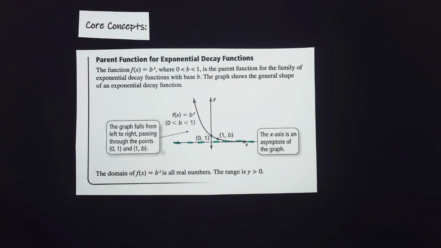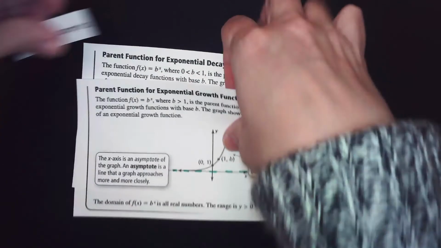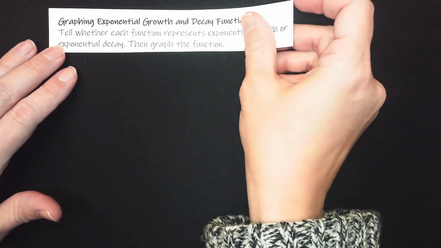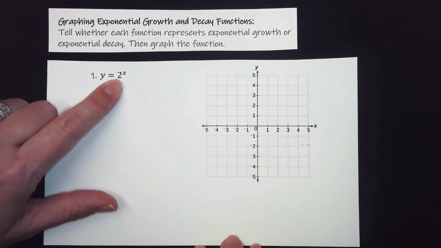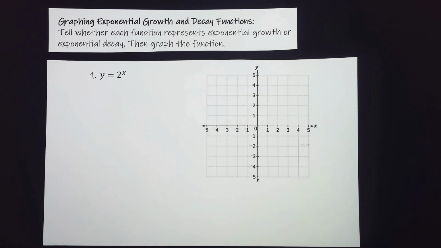All right. So let's give a couple problems a try. We are going to tell whether the function is exponential growth or decay, and then we're going to graph it. So starting with number 1. Okay, we have y equals 2 to the x power. All right, so we want to know what b is.